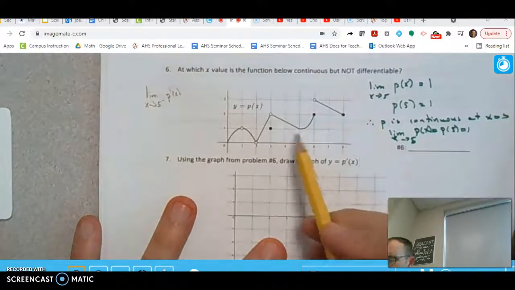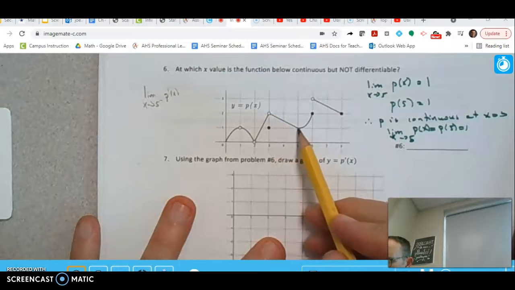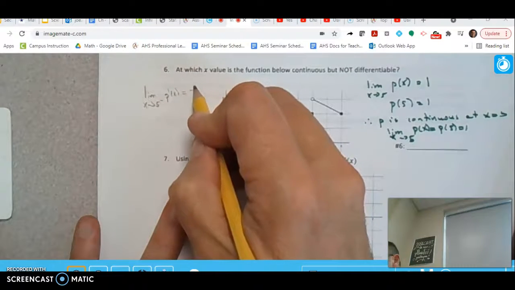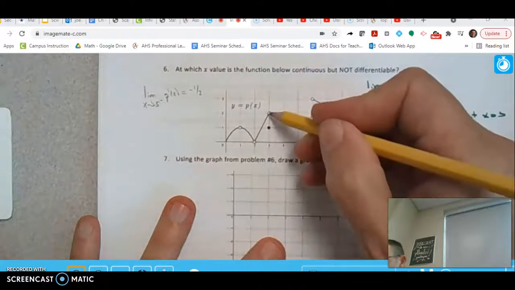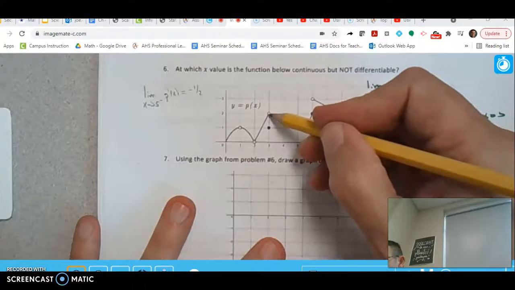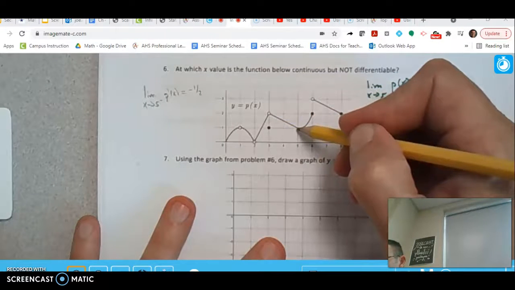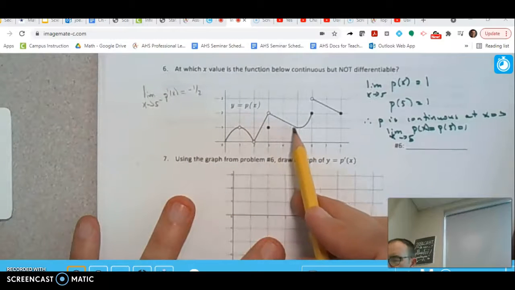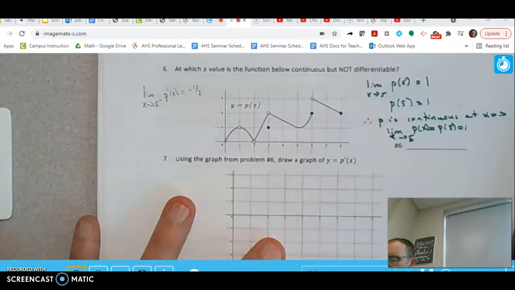As I approach 5 from the left, I'm getting slopes that are always equal to negative 1/2. Remember, slope is rise over run, and this line drops 1 over a run of 2 here. So negative 1/2 is the derivative from x equals 3 to x equals 5.